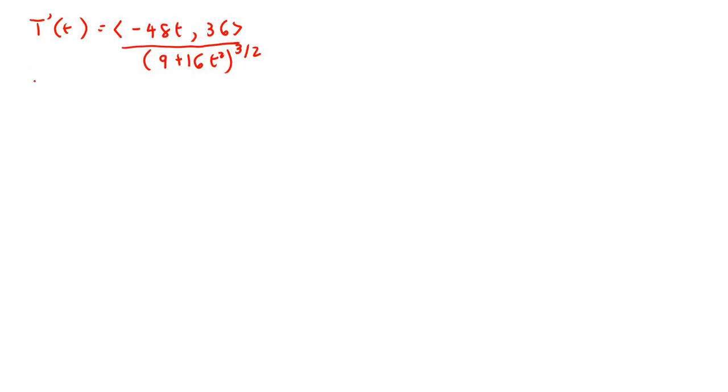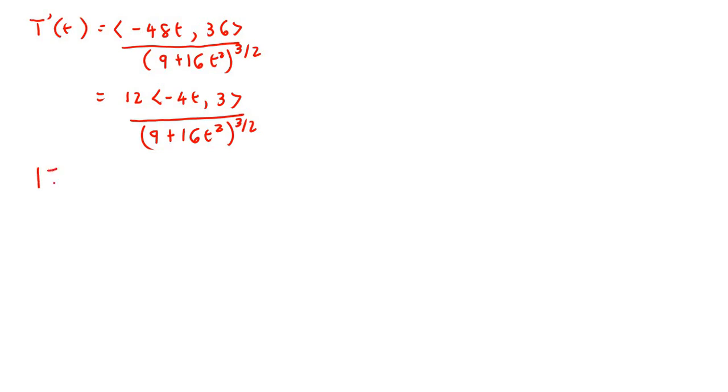Now you can find the magnitude. I want to factor out this result, about 12. In the numerator I factor out 12: negative 4t, and 36 out 12 is 3, divided by 9 plus 16t squared power 3 over 2.